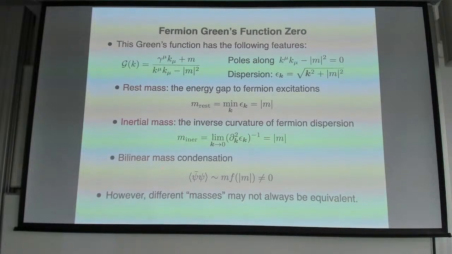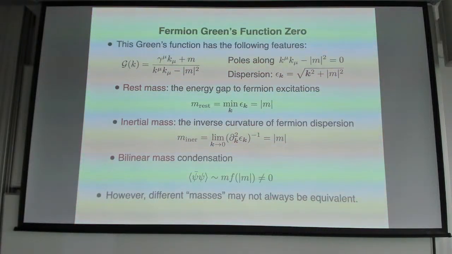There's also something called bilinear mass condensation. If you are in this system and you try to measure the fermion site-by-site expectation value, because you have an explicit mass term, you expect this expectation value to be at least related to this mass term, maybe by some other function depending on mass, but at least it's non-zero.